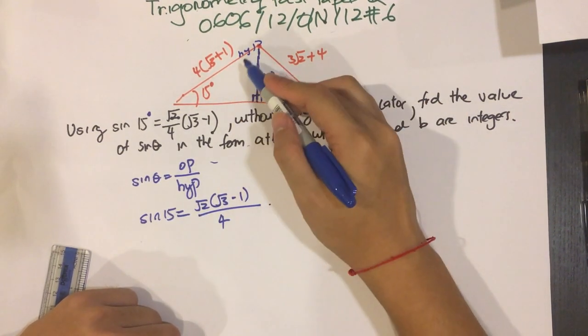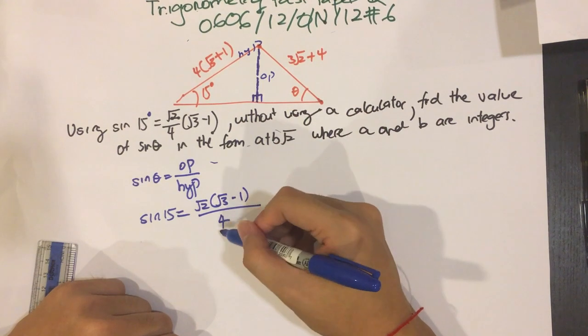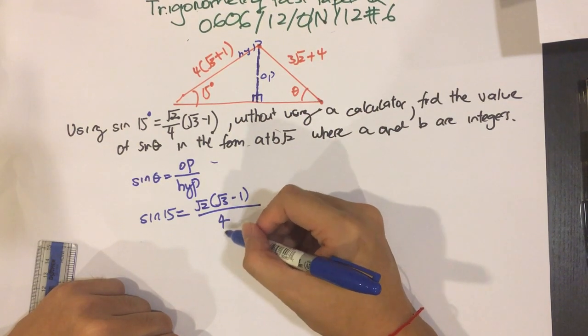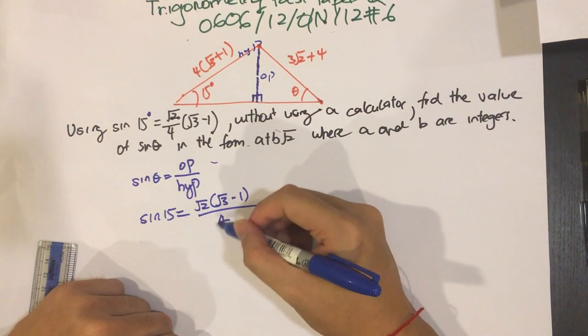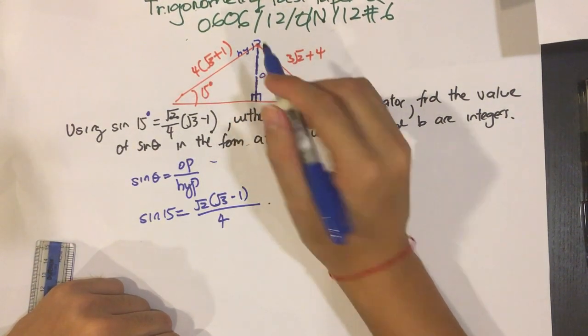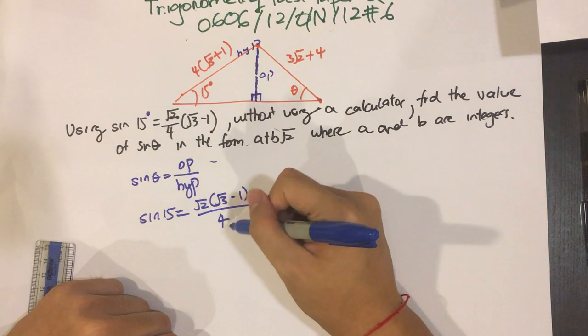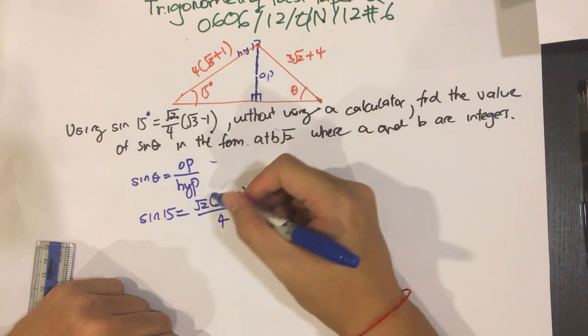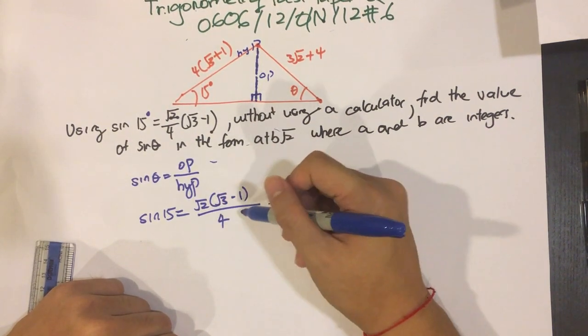So if I look at the hypotenuse here, we show that it's a 4, and it's essentially a ratio to 4 root 3 plus 1. But I want to get the value of 4 root 3 plus 1 underneath here, so then I would know what the value of the opposite is.